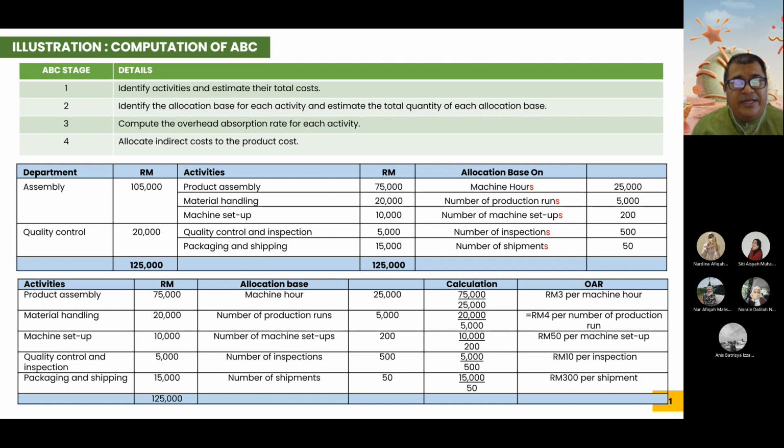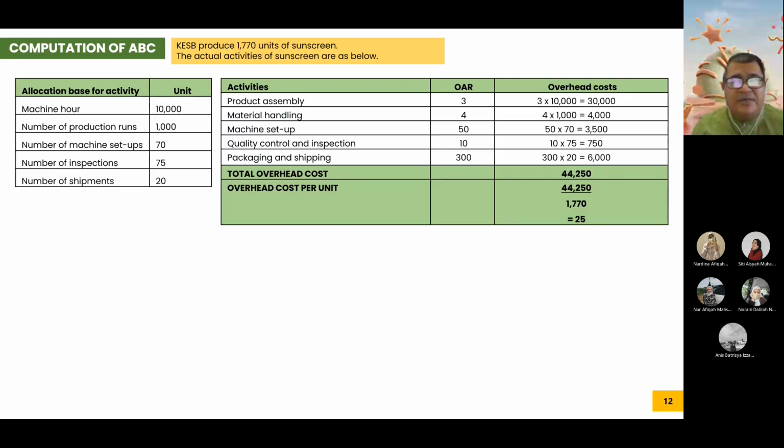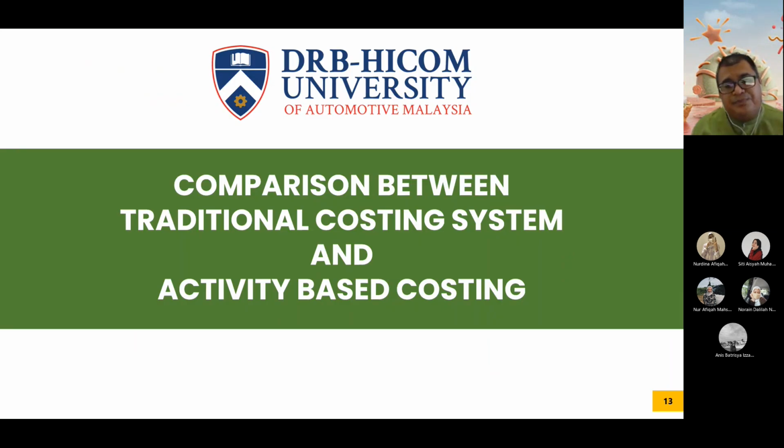Number 3, compute the overhead absorption rate for each activity. And the last one is allocate indirect cost to the product cost. Okay, this one nanti kita akan buat masa kita buat tutorial sekejap lagi. Saya nak guna Excel. This one pun kita akan guna Excel sekejap lagi.